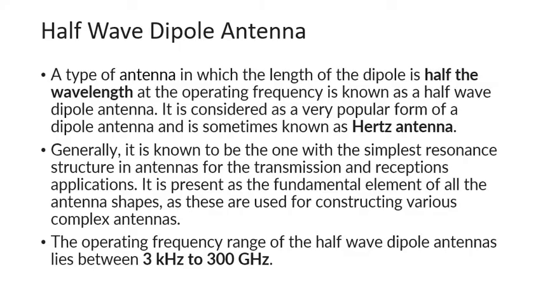The half-wave dipole antenna has a length of half the wavelength of the operating frequency, and it is also called the Hertz antenna. It is generally operated between 3 kHz and 300 GHz. Its structure is so simple, and we can create many different complex shapes from its structure.